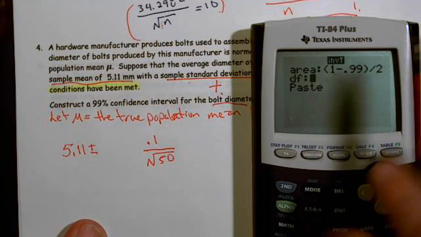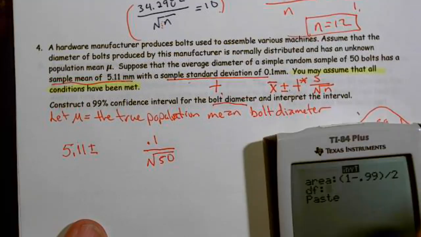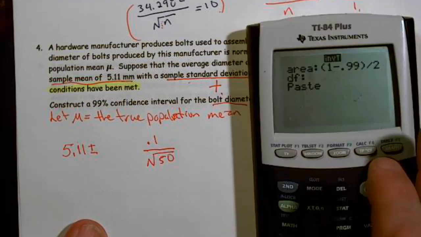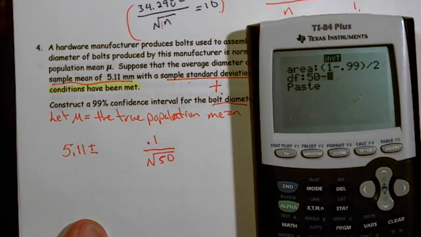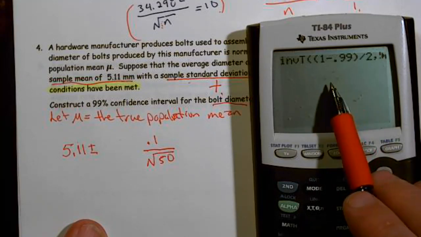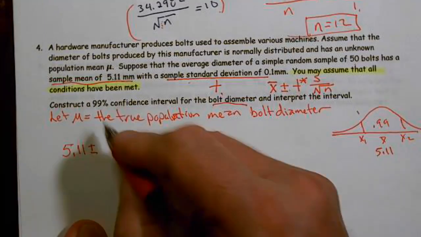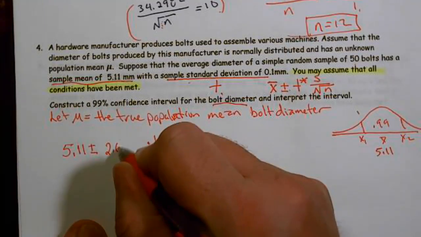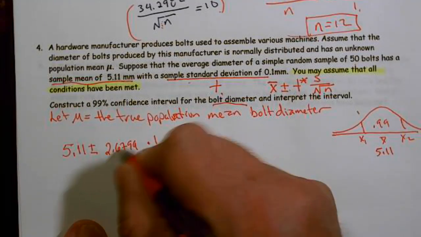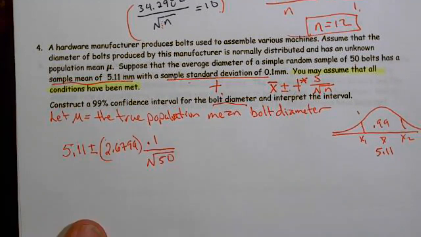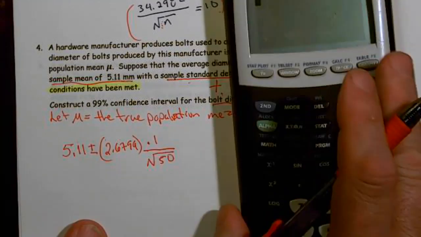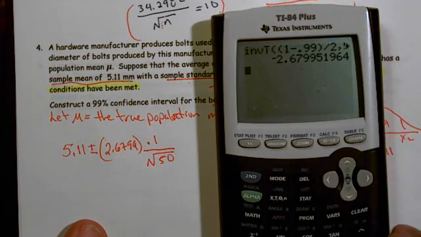Well, my degrees of freedom is my sample size, which happens to be 50, minus 1. So 50 minus 1. And we end up getting 2.6799. Okay, that looks really good for work shown. So we're going to go ahead and run this to calculate it.